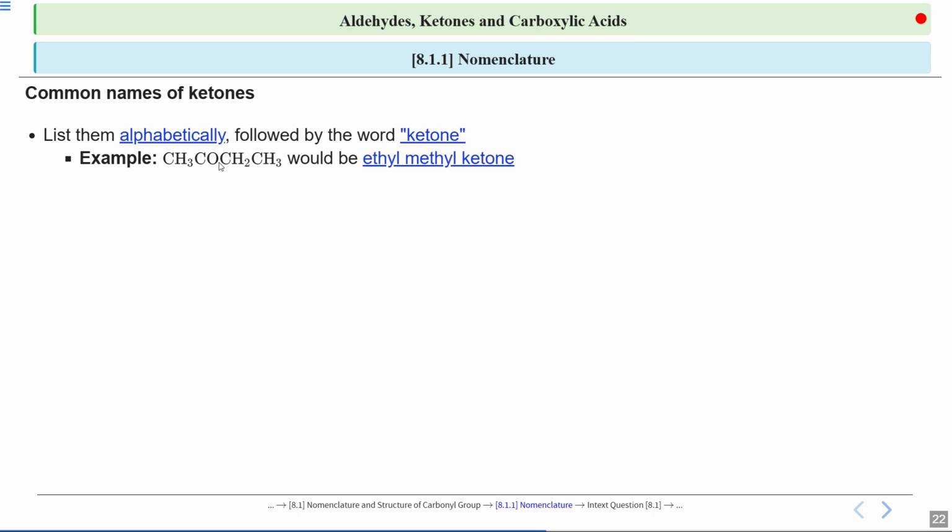So E comes first, that is why you write ethyl methyl ketone. So this is how it looks like. This is C double bond O. This side there is methyl group which is CH3 and this side there is an ethyl group which is CH2CH3. So the name is ethyl methyl ketone.